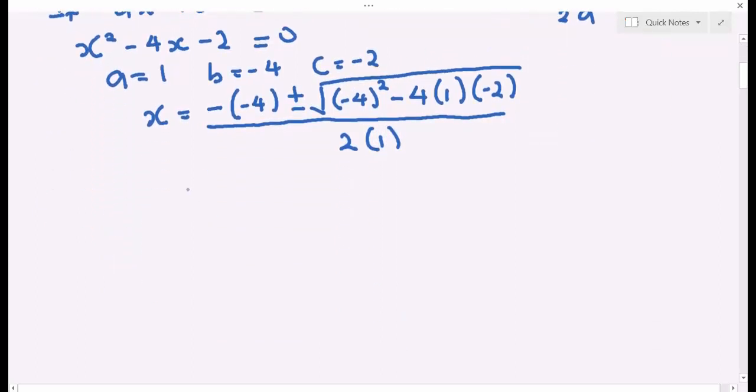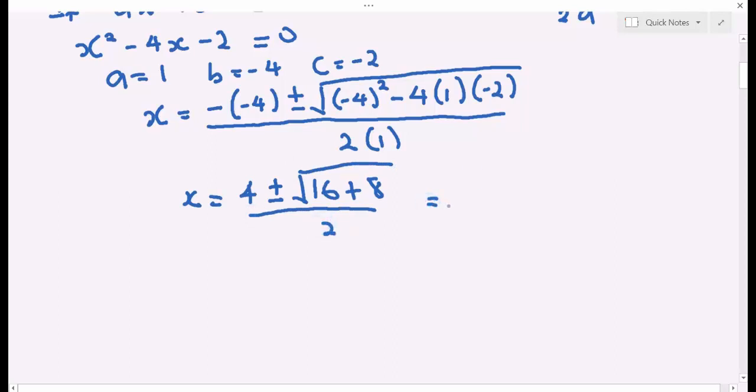So this will give us x is equal to 4 plus or minus the square root of 16 plus 8 over 2.